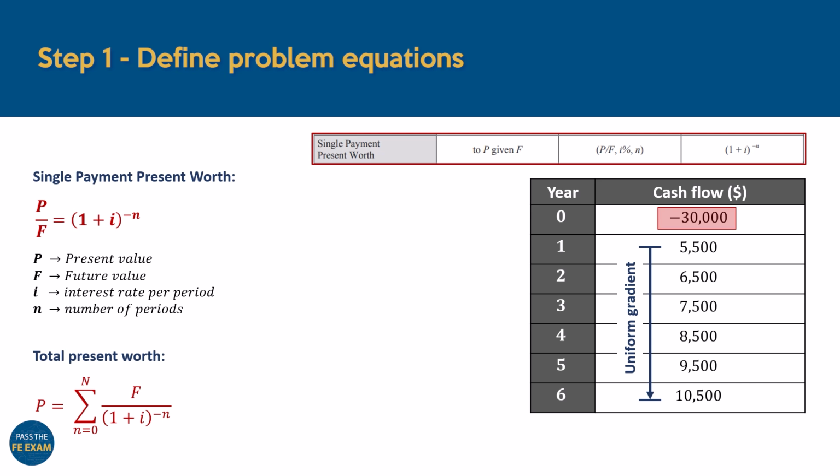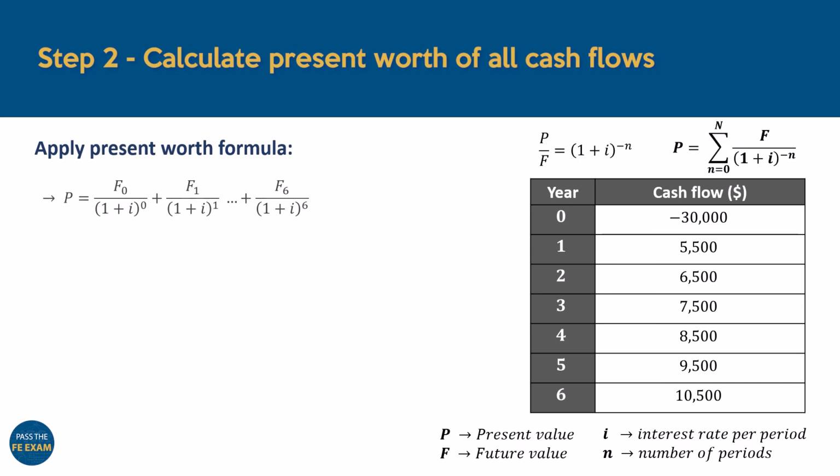We can directly implement this equation to solve for our investment's present worth. Let's apply this formula for each individual cash flow, from year 0 to year 6, and then we'll sum the values to find the total present value of our investment. We start with the initial cost of $30,000 at year 0, which doesn't need to be discounted since it's already at the present time. Then, for each of the future cash flows from years 1 through 6, we apply the formula one by one.